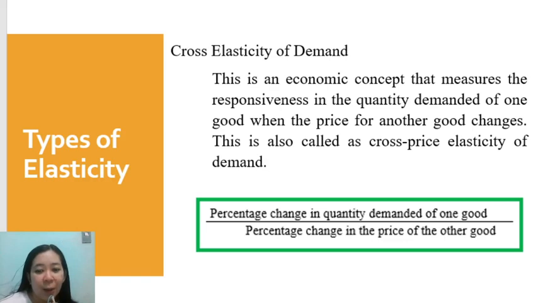To compute for the cross elasticity, the formula is equal to the percentage change in quantity demanded for one good divided by the percentage change in the price of the other good. In this case, we measure the quantity demanded of one good when the price of another good changes. That's why it's called cross elasticity of demand.